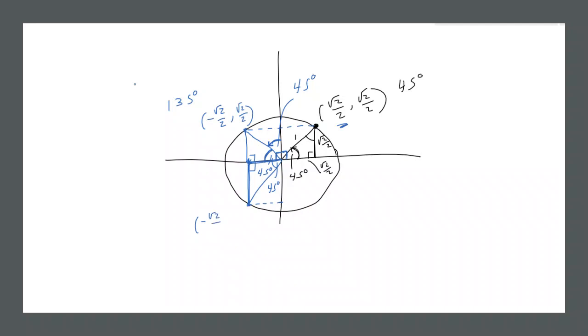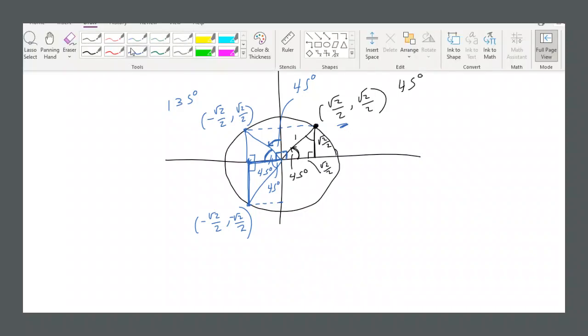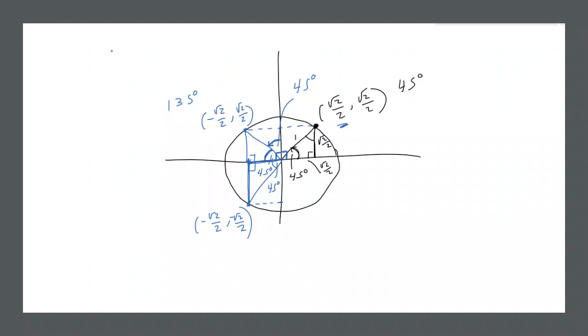So both coordinates are going to be negative. And what angle are we working with? Well, I'm just going to switch colors here so it's easier to see. We've got 180 degrees right there, plus another 45. 180 plus 45 is 225 degrees.